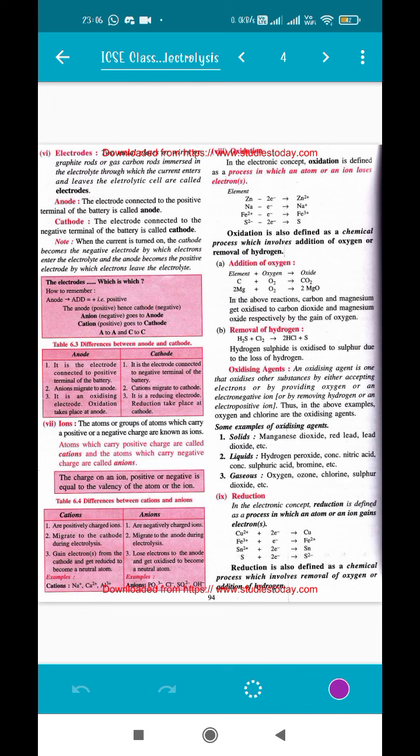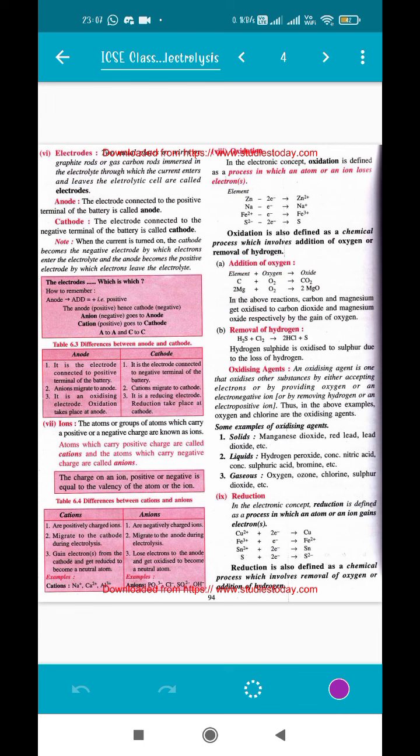Now you have studied in the lower classes about anions and cations. Anions are the negatively charged ions and cations are the positively charged ions. So cations can be ions of sodium, Na+, Mg2+, all these are positively charged ions or positively charged atoms. So they are called cations. And negatively charged are chloride ions Cl minus, Br minus, all these which are negatively charged.